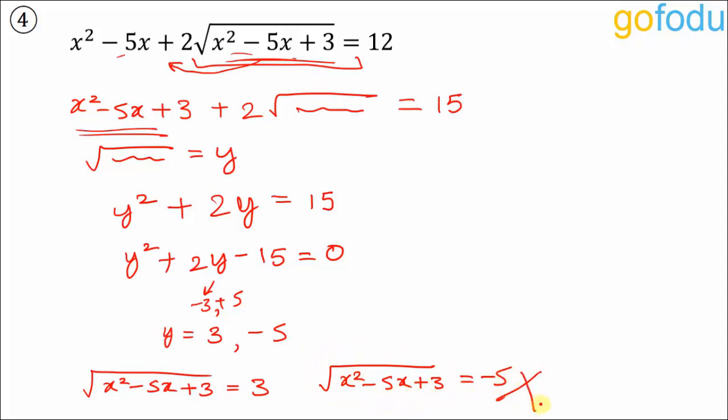So this value is not feasible and this equation is not feasible. We only have to concentrate on this equation. So x square minus 5x plus 3 will be equal to 9. If I take 9 to the left hand side, this will be minus 6 is equal to 0. On solving this equation, the two values of x that you will get are 6 and minus 1.